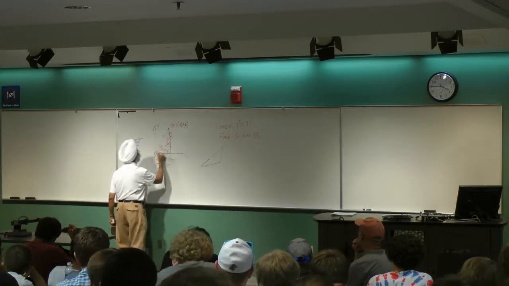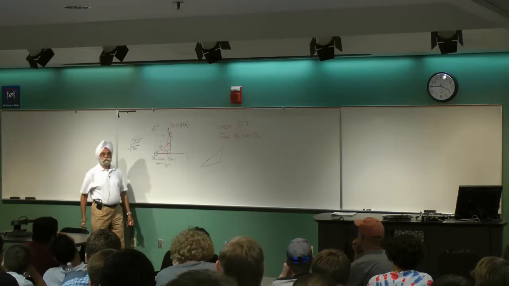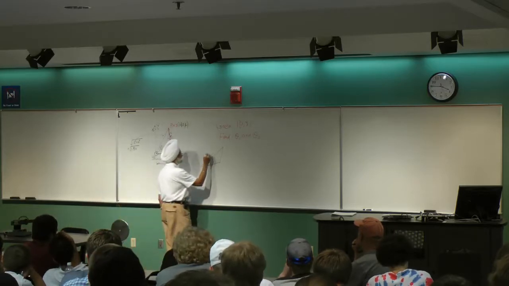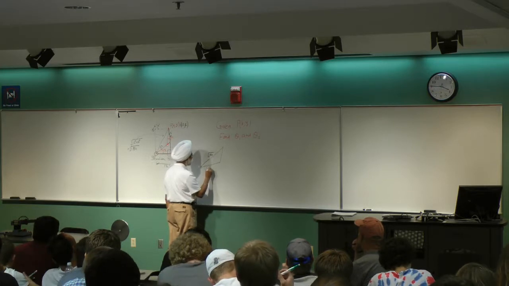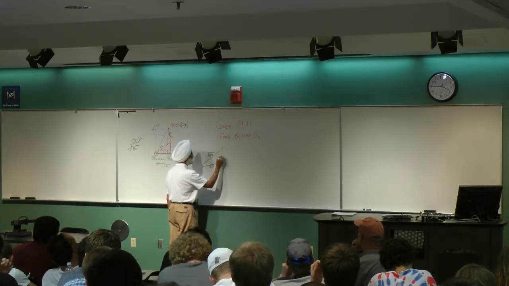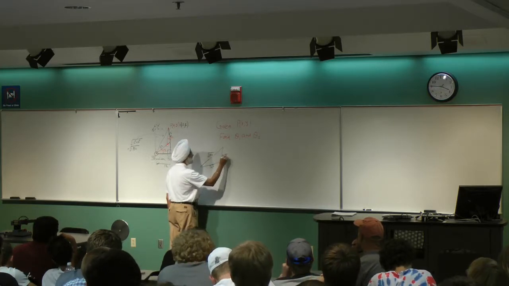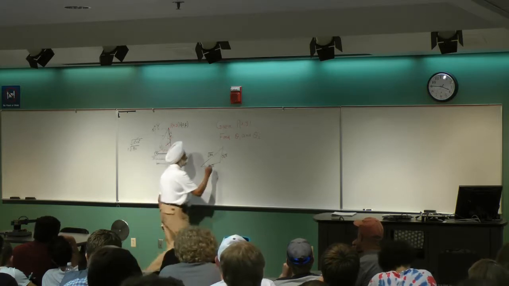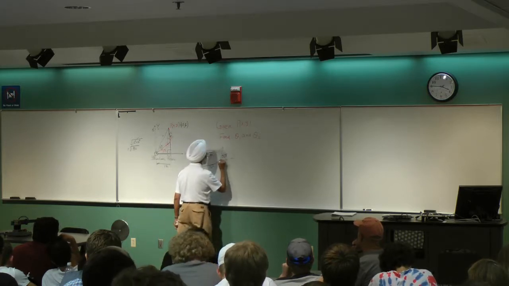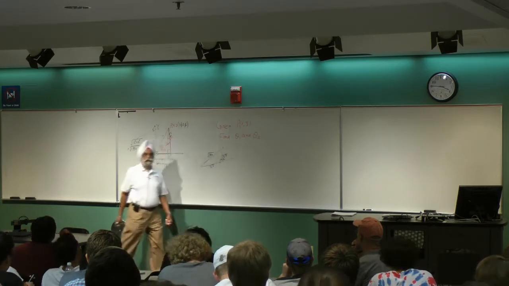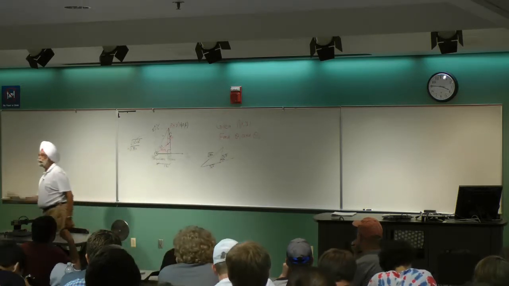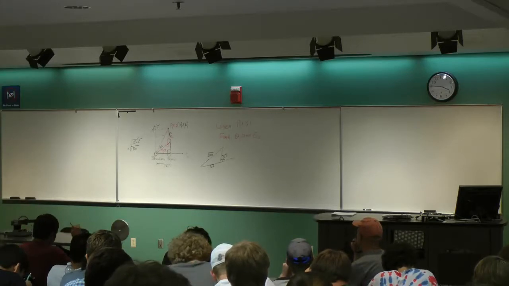If I take this triangle, we know this is square root of 180. This is 5 square root of 2, right? And we know this angle is theta 2, and theta 2 is a positive angle, right? All right, knowing that, help me find theta 2.